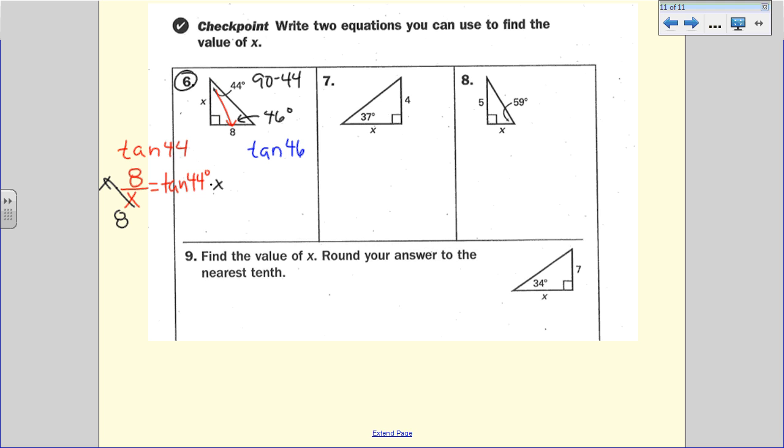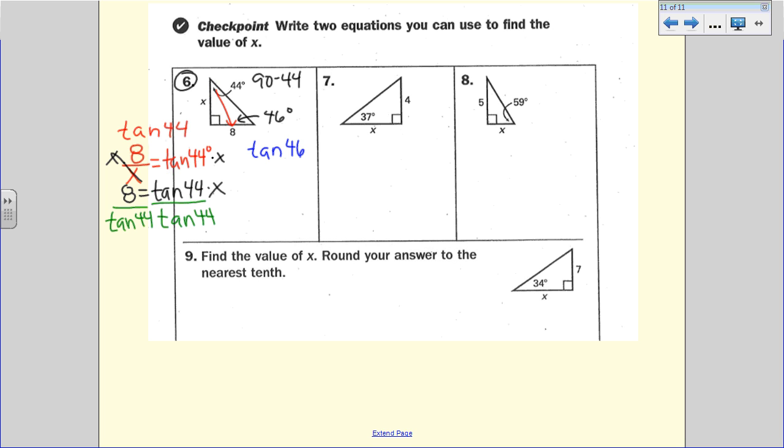I get 8 is equal to the tangent of 44 times x. And so now when we look at this, I have to divide by tangent of 44. We're doing a lot of algebra manipulations, but notice I haven't really done any math. I'm undoing division with multiplication. I'm undoing multiplication with division. And so we should have x is equal to 8 divided by tangent of 44.